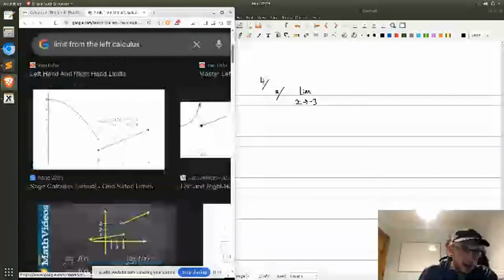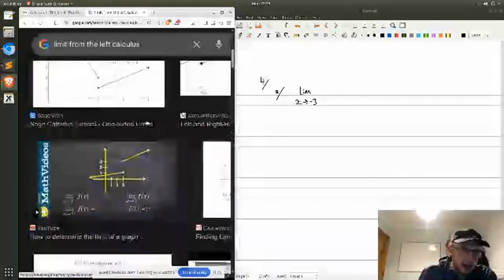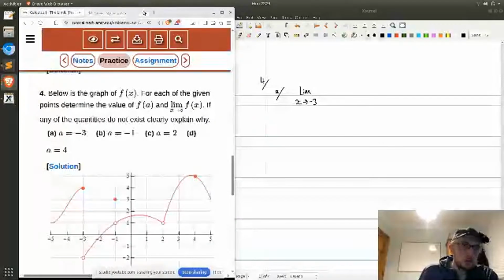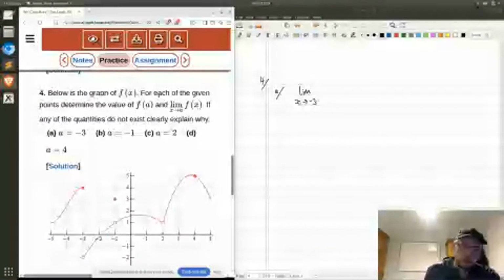If we can recall the notation. 3 to the minus. So I'll say minus 3 to the minus.